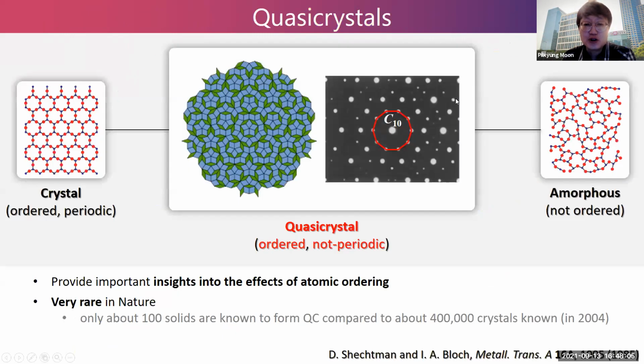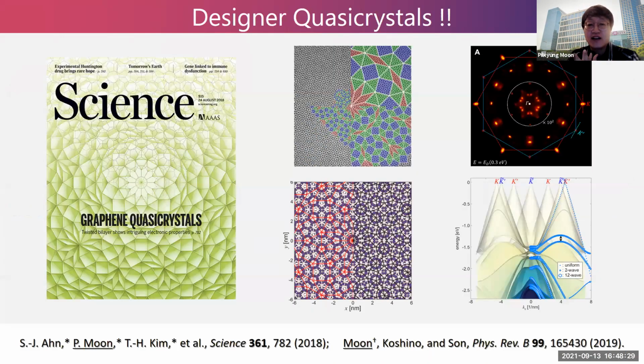Quasi-crystal is a unique phase of matter which is ordered but not periodic. It is at the interface between periodic crystal and amorphous solid, so it can provide important insight into the effects of atomic ordering. We show that we can design the quasi-crystal by stacking atomic layers at a specific configuration.